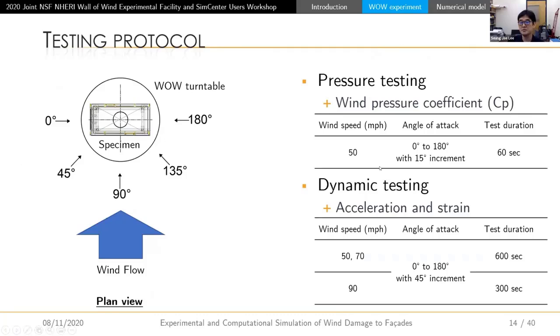CP was measured for a wind speed of 50 miles per hour. We tested for 60 seconds, and the acceleration and strains were measured up to 90 miles per hour for a longer test duration, so we could better observe the dynamic responses of this facade system.